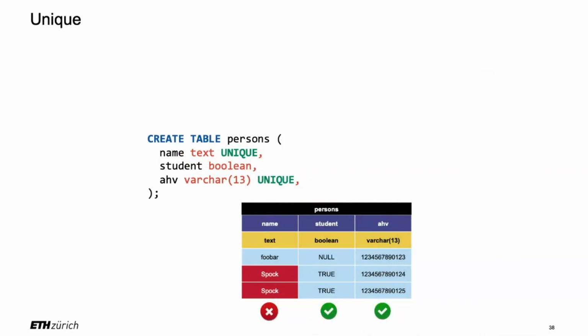Now, a question that usually comes, this last year it came, is what about nulls? When we say unique, can we have multiple times the value null, right? And so by default, if you just say unique, then it's fine to have multiple nulls. What must be unique is the values when they are not null. But nulls, you can have as many as you want. If you do not like that, there is a special command that you can add after unique. I think that it's called unique nulls not distinct.